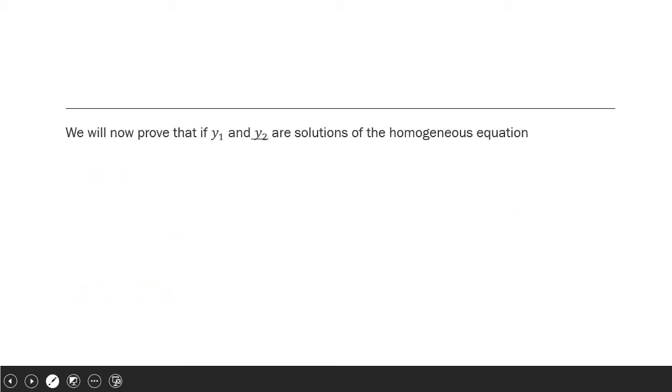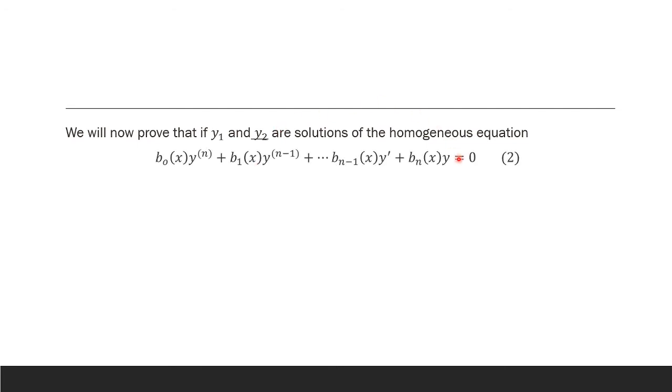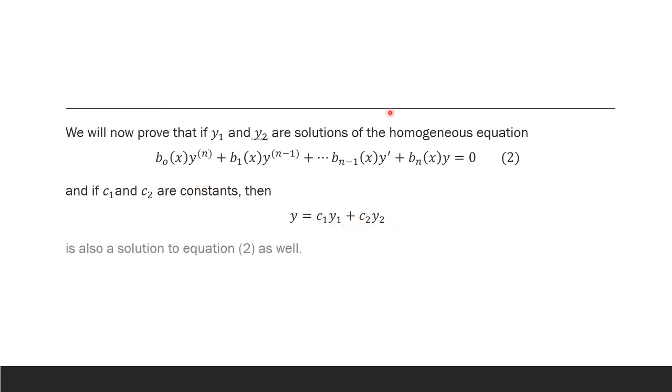Now, ang ipoprove natin ngayong class is that if y1 and y2 or y sub 1 and y sub 2 are solutions of the homogeneous equation, this one, so tinanggal natin yung 0, homogeneous na siya. Ay, tinanggal natin yung r of x, so ginawa natin yung 0. It's a homogeneous differential equation. If y1 solution dito and y2 solution din dyan, we will prove that y is equal to c sub 1, y sub 1 plus c sub 2, y sub 2 is also a solution to this equation as well, given that c sub 1 and c sub 2 are constants.